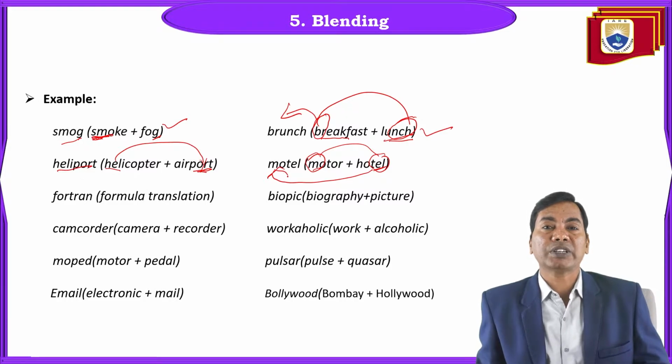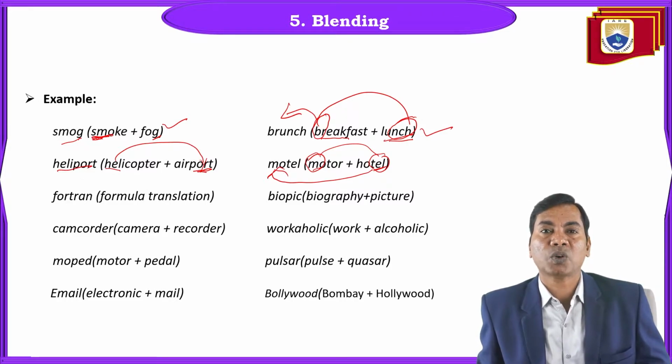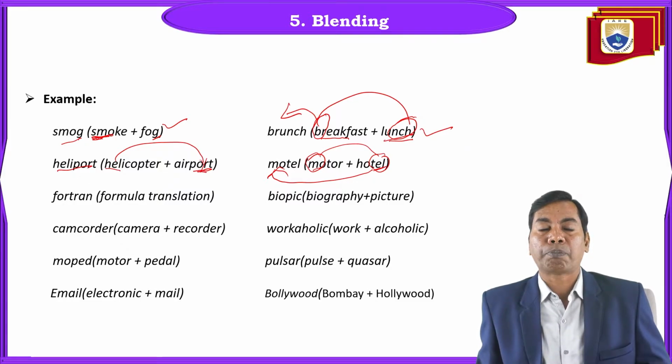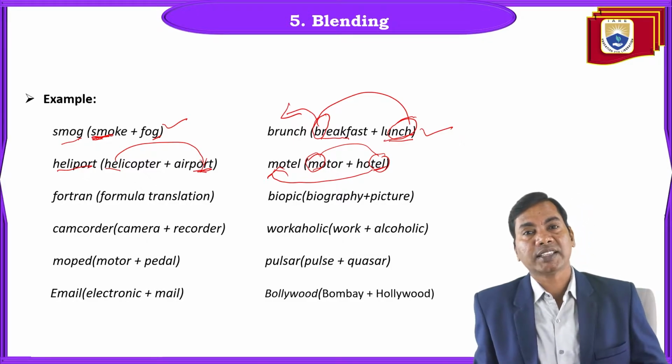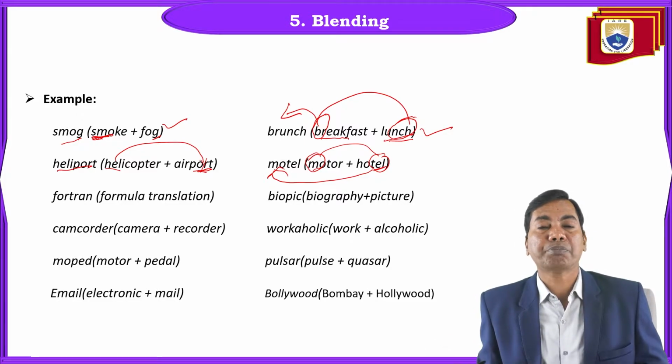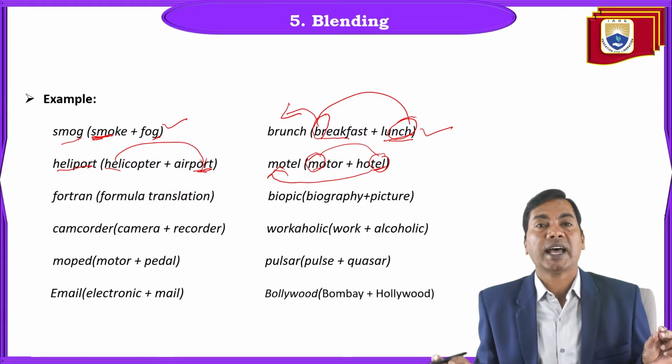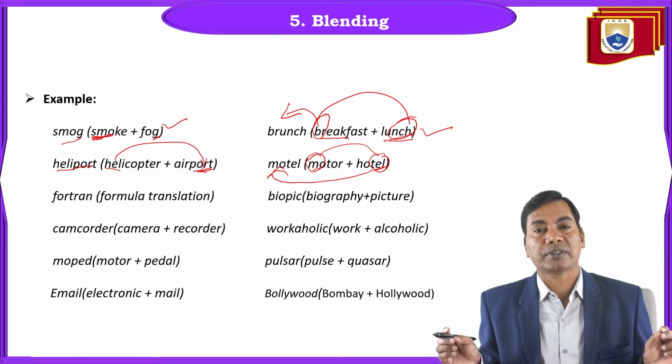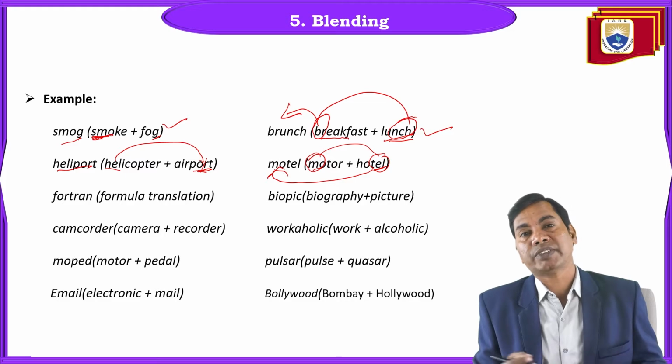So I'm giving you the examples for the process of blending. Blending is a process for creating a new word by joining the initial part of one word and the closing part of another word. So we join the initial part and the ending part together to create a new word.